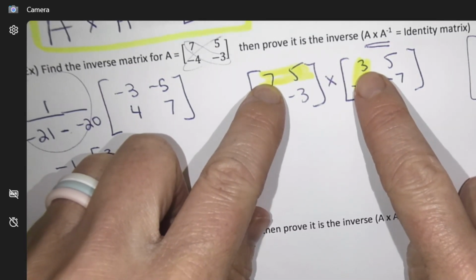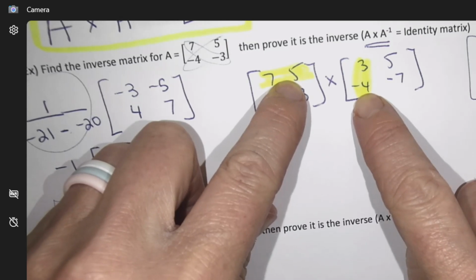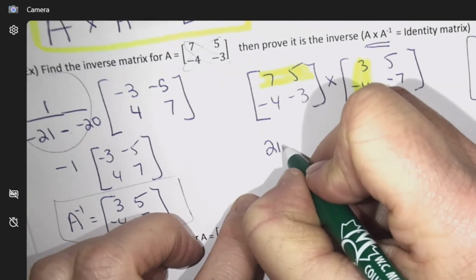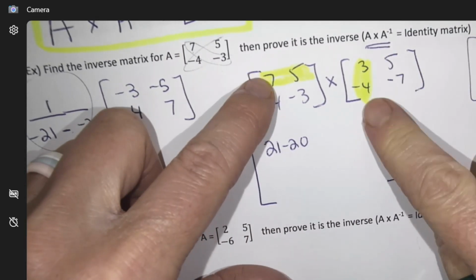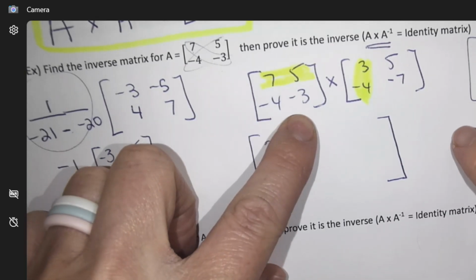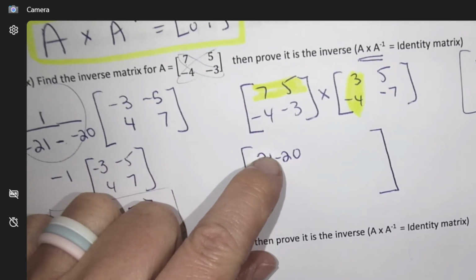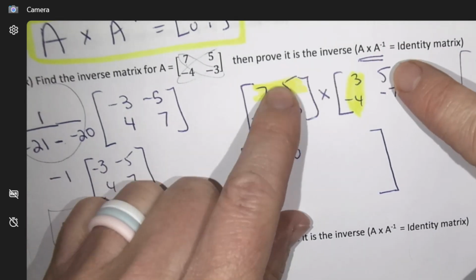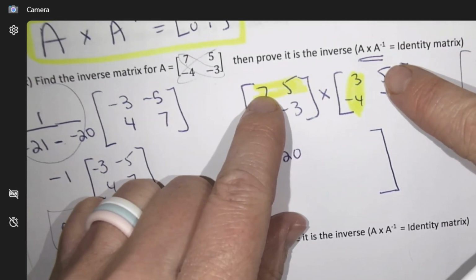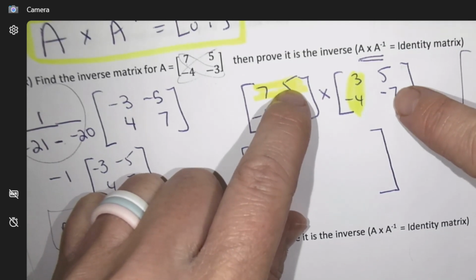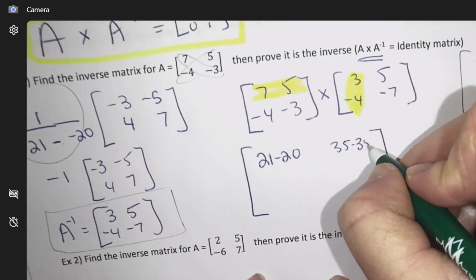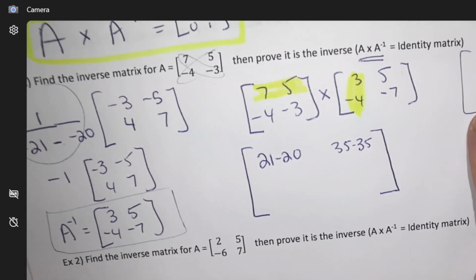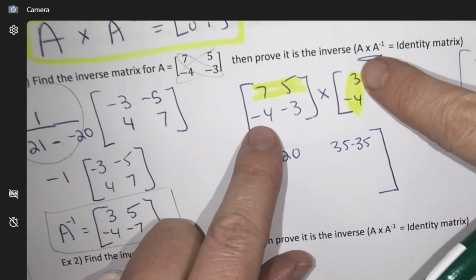So I'm going to go like this. 7 times 3 is 21 minus 20. Okay, row 1 with column 2. So row 1 with the second column will match to be 35 minus 35. Okay, now I'm going to tie together row 2 with column 1.